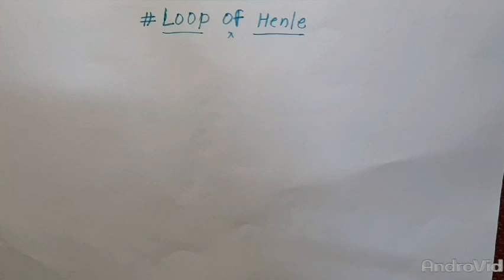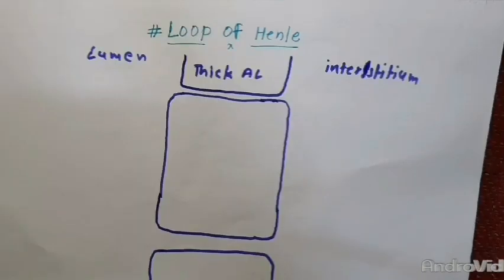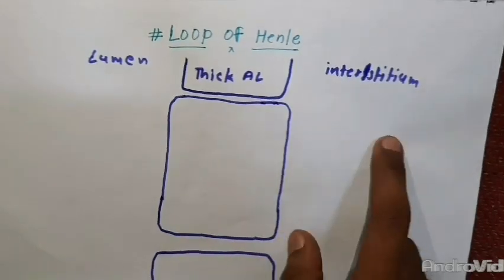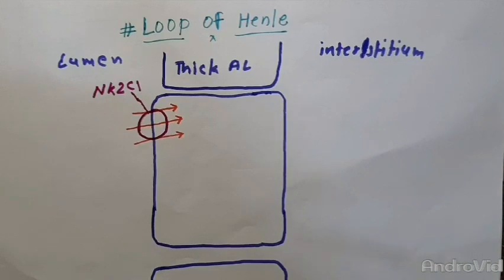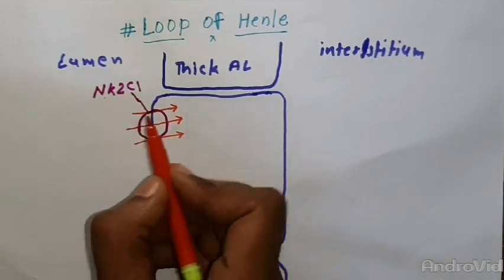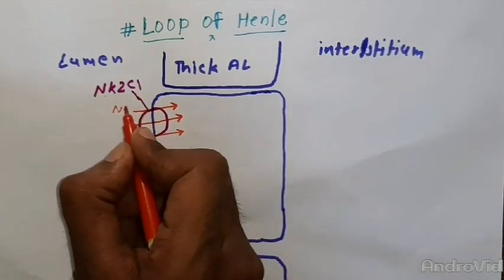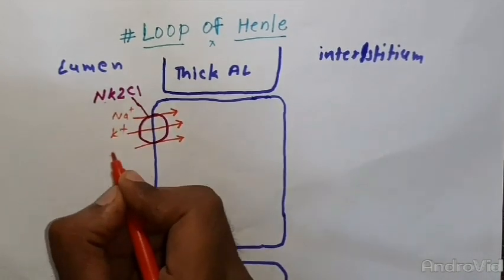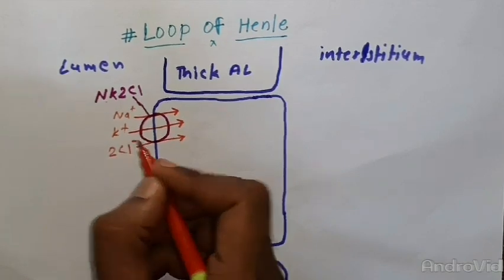After that, let's talk about the loop of Henle. Water is extracted from the descending limb by the osmotic forces found in the hypertonic medullary interstitium. And at the thick ascending limb, let's suppose this is the lumen, this is the cell, and this is the interstitium. At the luminal surface of the cell, a special type of transporter is found which is known as NKCC2, which transports the sodium ion, the potassium ion, and two molecules of chloride ions.